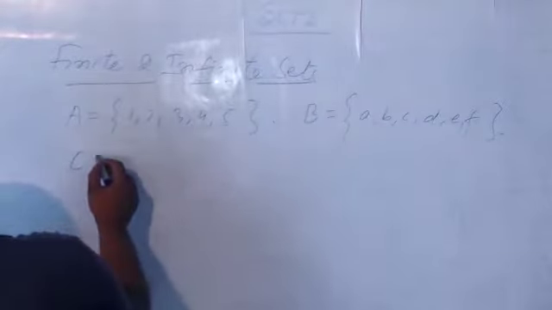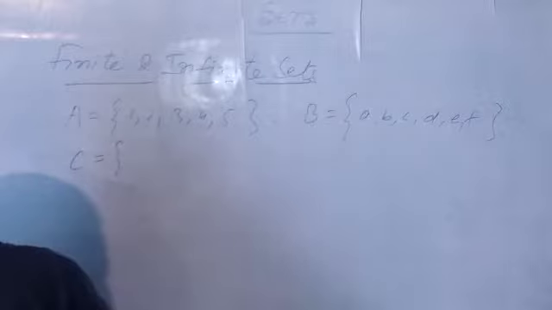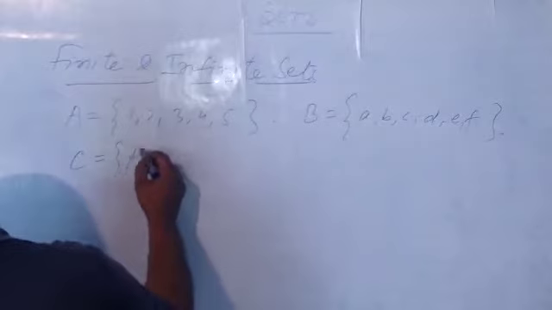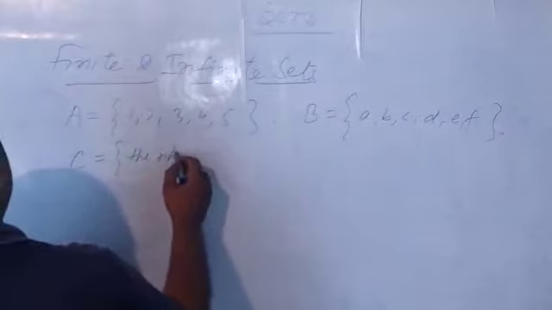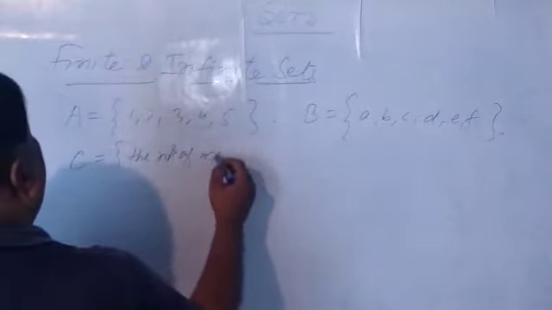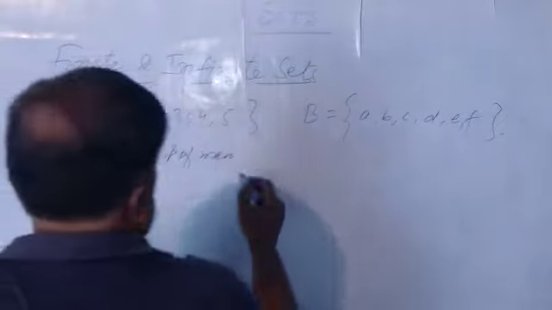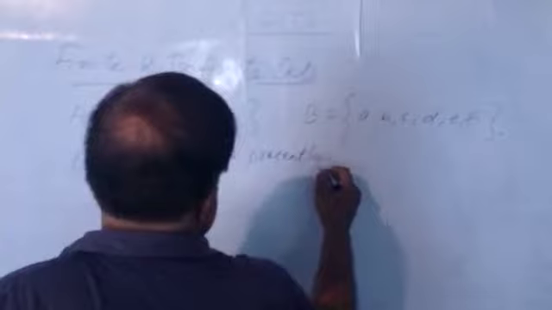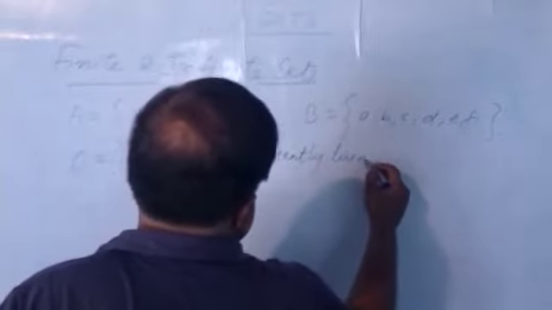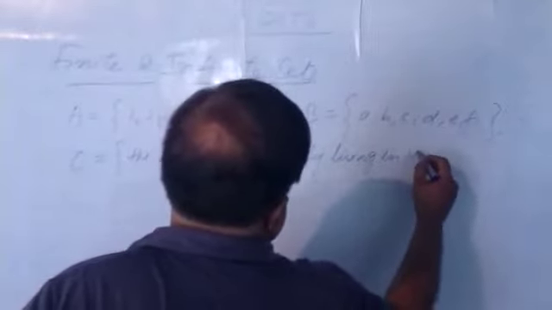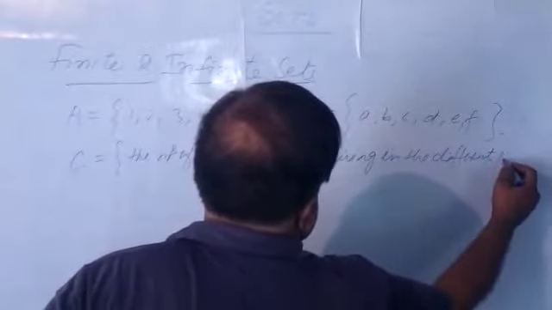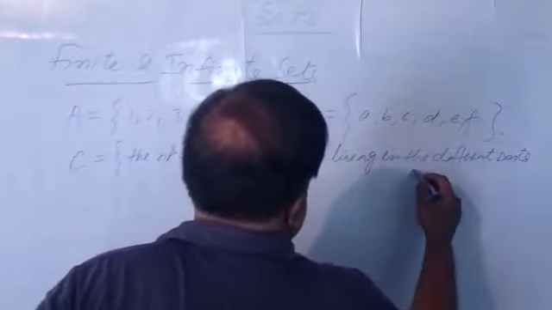Again we take a set C, which is the set of men presently living in the different parts of the world.